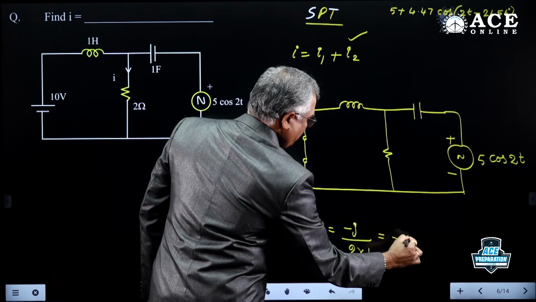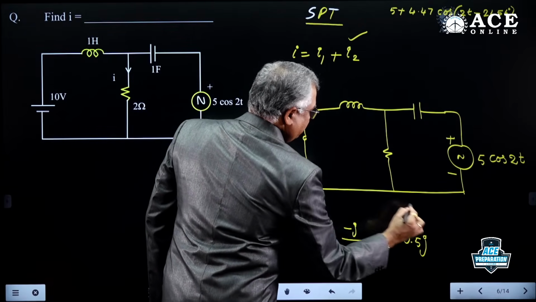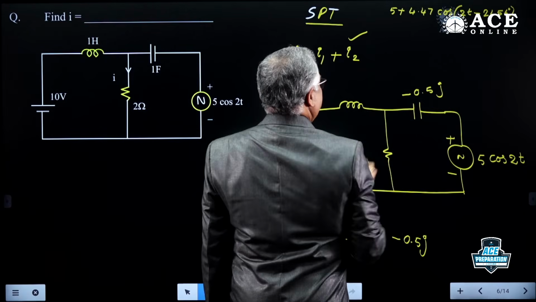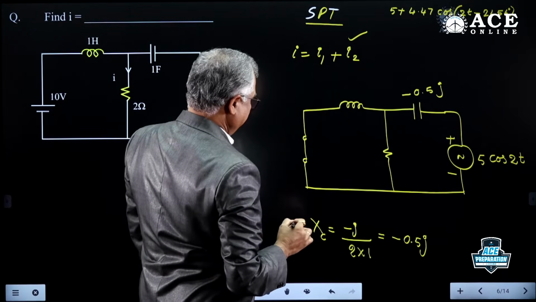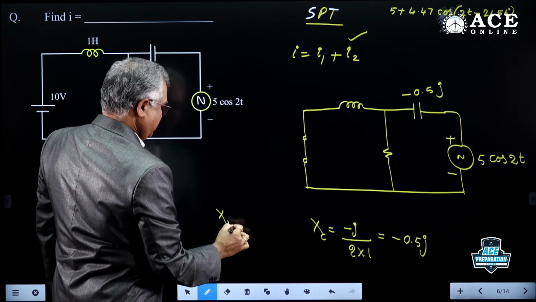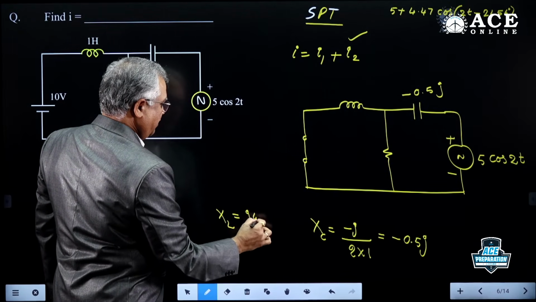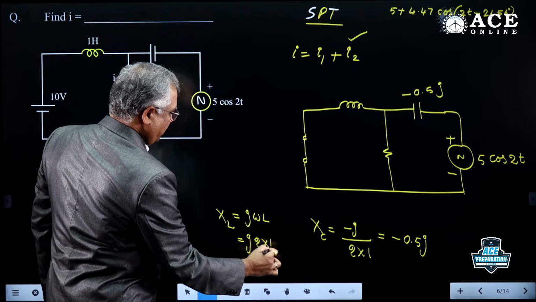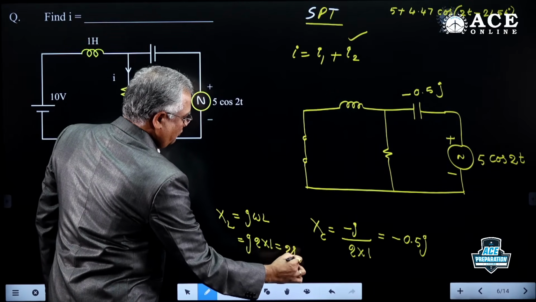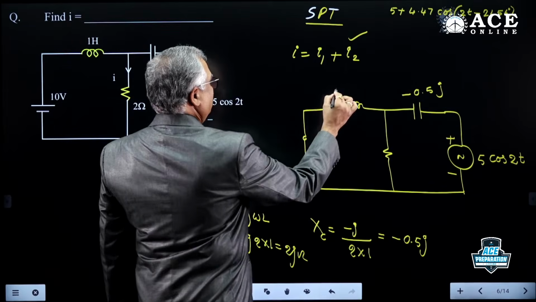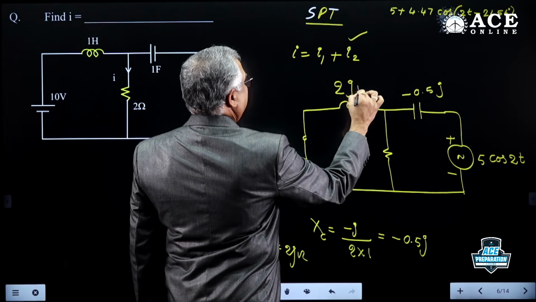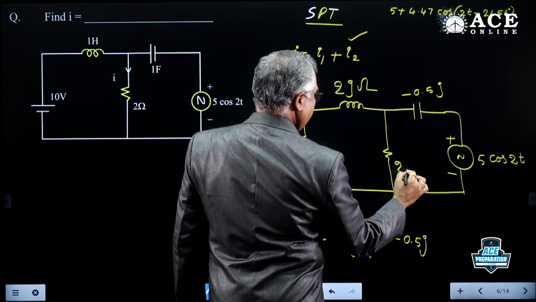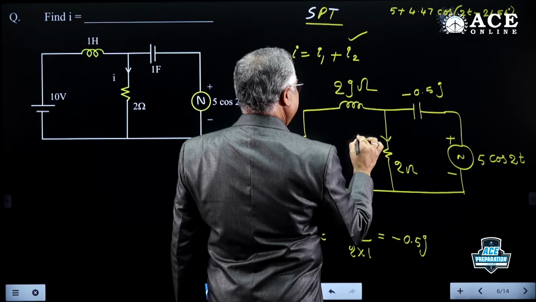So it is minus 0.5j. So the capacitive reactance is minus 0.5j. The inductor is replaced with inductive reactance, XL equals j omega L. Omega is 2, L is 1, so 2j ohm. This 2 ohm stays as it is. This current is I2.